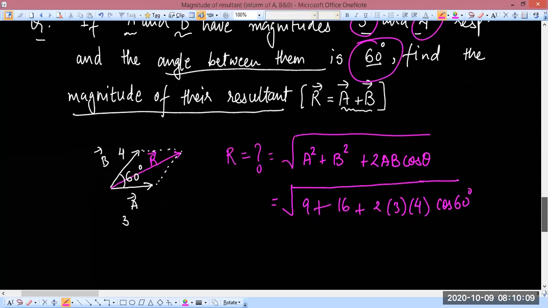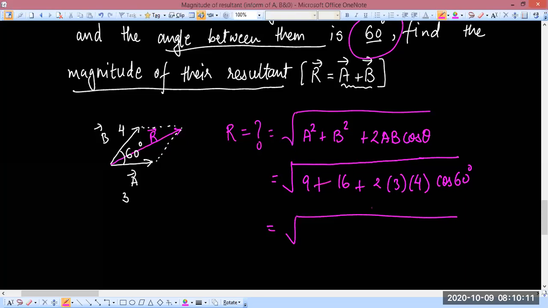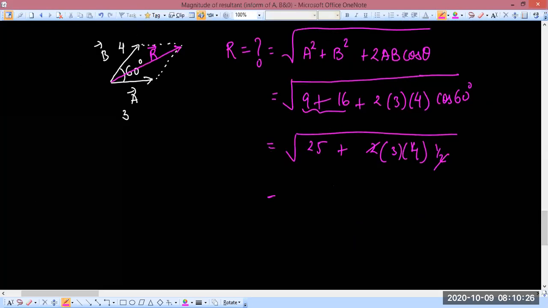You just have to put all these values. That's it, so simple. 9 plus 16 is 25. Over here, cos 60 is 1 by 2. I don't think anyone has any problem with that, right? So this 2 is cancelled with this 2. So the answer is going to be root of 37. So many of you got it right. This is the correct answer, root of 37.